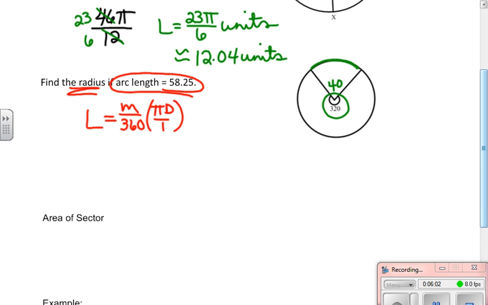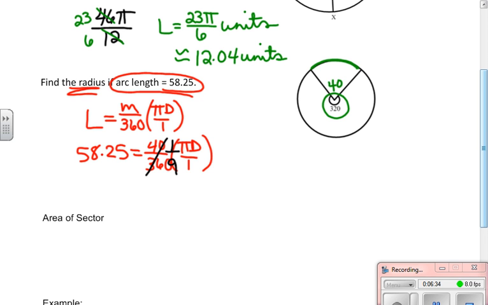So if I write down my formula and fill in what I know, I can usually solve for what I don't. So arc length is given, 58.25, is equal to the measure of my arc, 40, over its part, and I ultimately am left with the variable d, which I know is related to radius. Now I could multiply both sides by 360 and divide by 40, but if I go ahead and cancel these to be 1/9, it makes my math a little easier down the line.